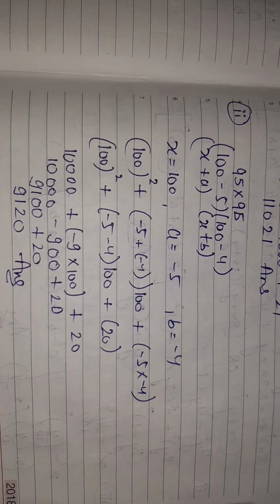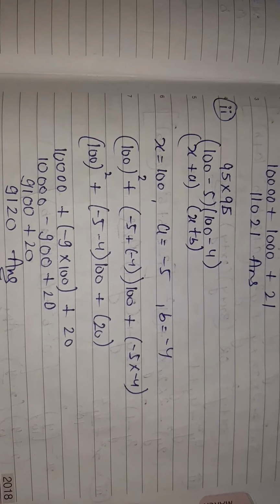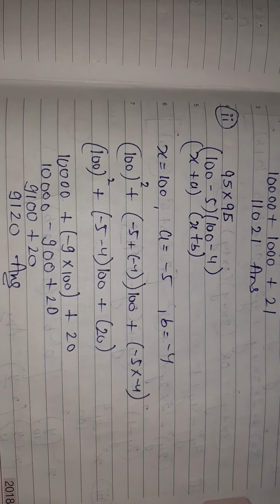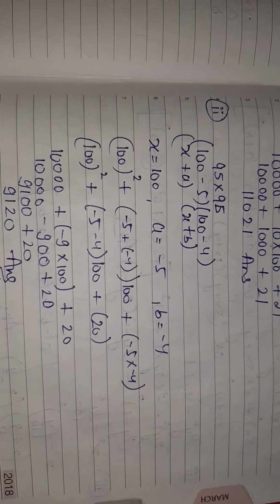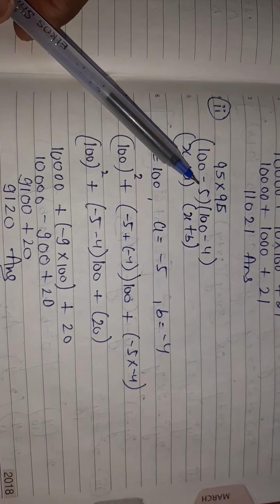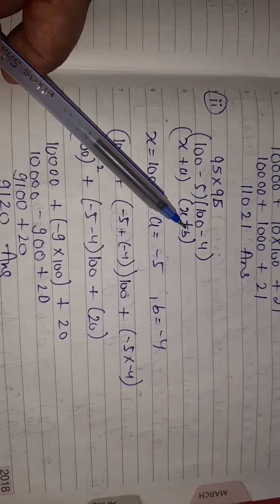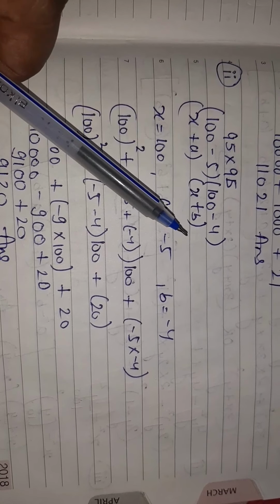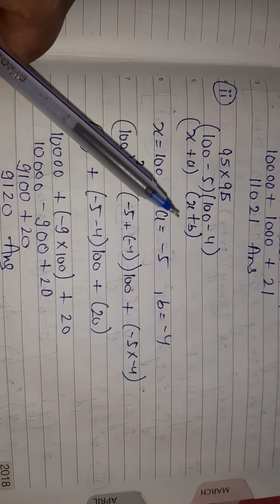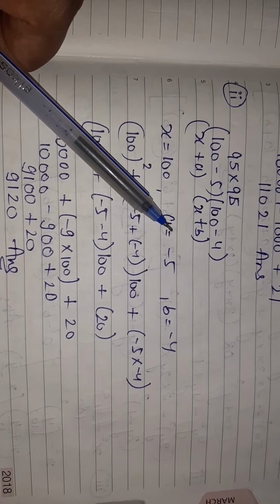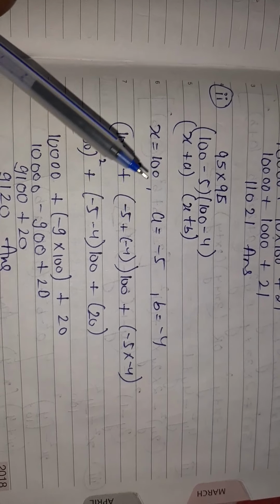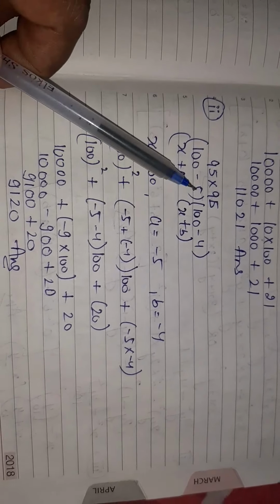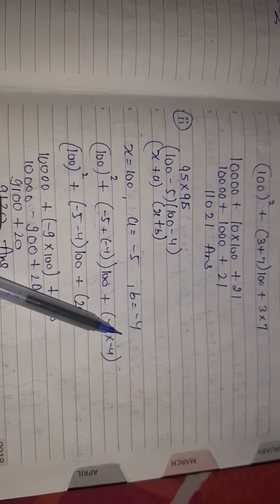See the second part. 95 into 96. I can write it as (100 − 5)(100 − 4). (x + a)(x + b). The things are totally changed. Here x is 100, a is minus 5, b is minus 4.